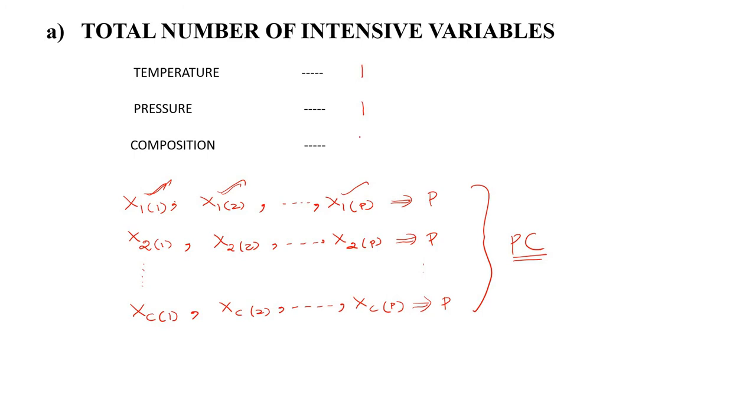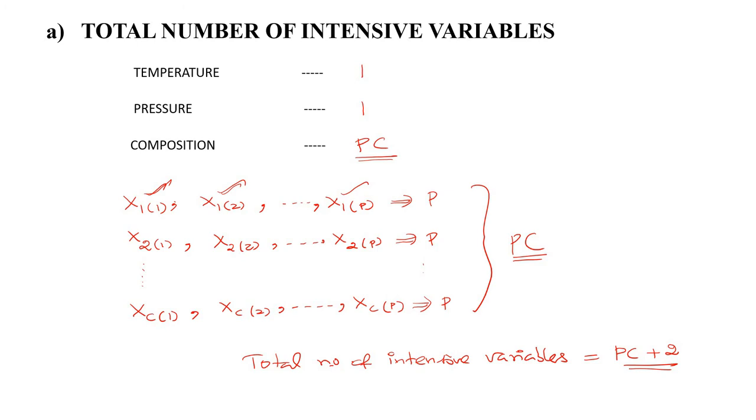Therefore the total number of composition terms is P into C. Including this composition term and temperature and pressure, the total number of intensive variables available in the system is PC plus 2. So this is the total.